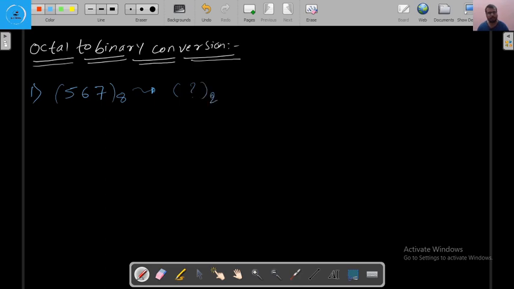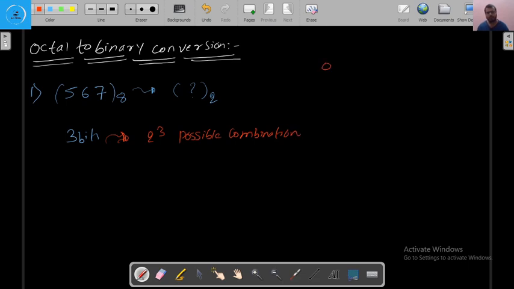First let us see the weightage. If a number is given in the octal number system, it has only 3 bits, and for 3 bits there are 2 to the power 3 possible combinations.